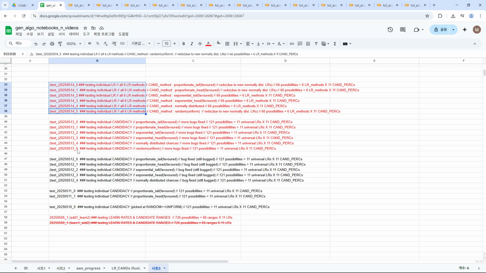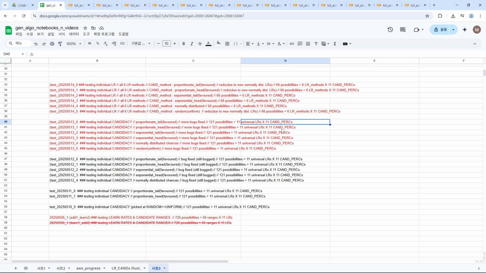I've now come to call that the universal learn rate, meaning the learn rate for every individual entity is the same. If it's set to 0.1, then it is the same for the top entity, the head entity, all the way to the tail entity. If it's set to 0.0, then it's 0.0 for everyone. If it's set to 0.7, it is set to 0.7 for everyone. You don't get different learn rates for different entities in this case.